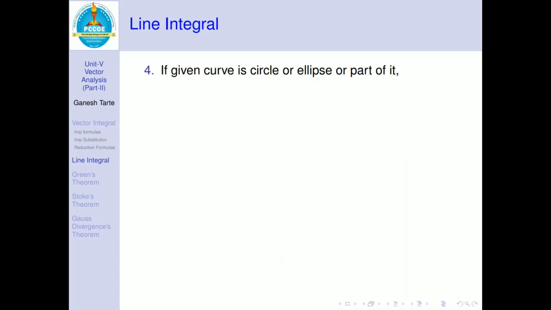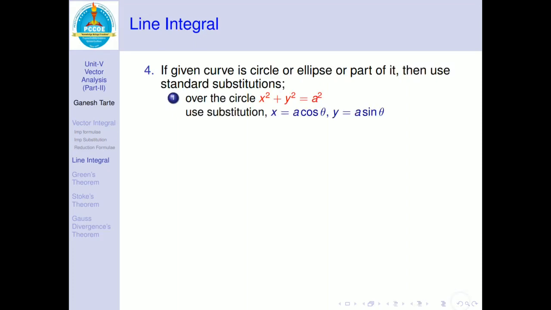Type number 4 is specially reserved for a circle or ellipse or part of that circle. Suppose the given curve is the circle x square plus y square equals a square, then we use the substitution x equals a cos theta, y equals a sin theta, because here we consider the line integral, meaning a single integral, so we convert x, y in terms of theta only.